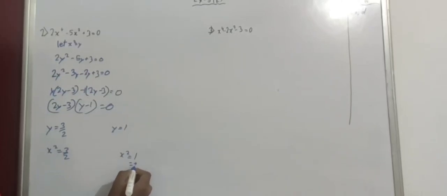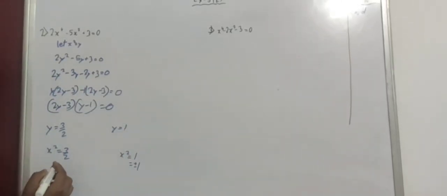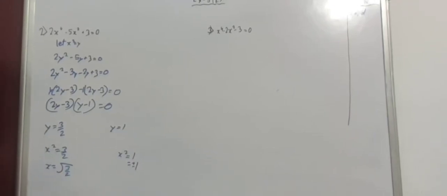On taking the under root, x is equals to plus minus 1, and here x is equals to under root 3 by 2, means under root 3 by under root 2. So let's rationalize it. You will get under root 3 by under root 2 into under root 2 by under root 2. So you have under root 6 by 2.